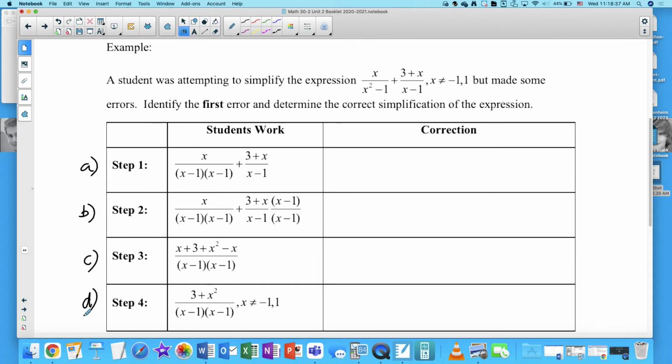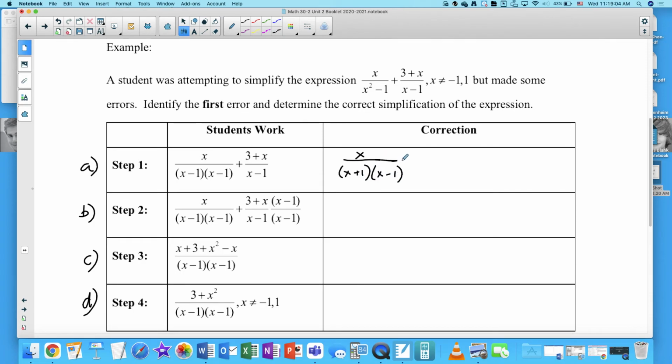So if we are starting to add or subtract rational expressions, what's the first thing we need to do? Factor. Yeah, so this guy is a difference of squares, and then plus 3 plus x over x minus 1. Okay?